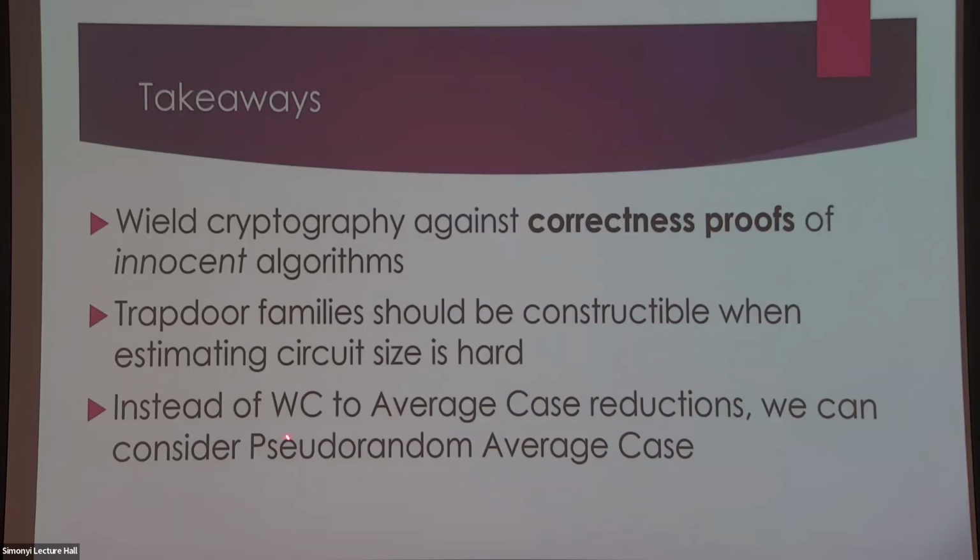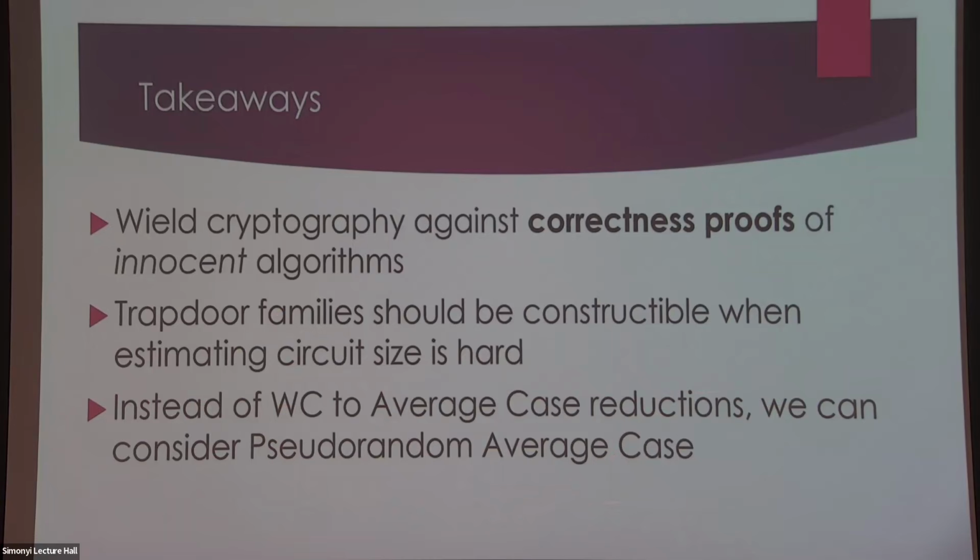Why? Because whenever estimating circuit size is hard, then it is likely that you can hide the fact that you have a small circuit. And the last thing I want to mention that came up in all of those linear algebraic reductions is that we do know in many settings that there are some barriers for this type of worst case to average case reductions, but all of those barriers are broken if instead of average case, I'm looking at this pseudo-random average case.